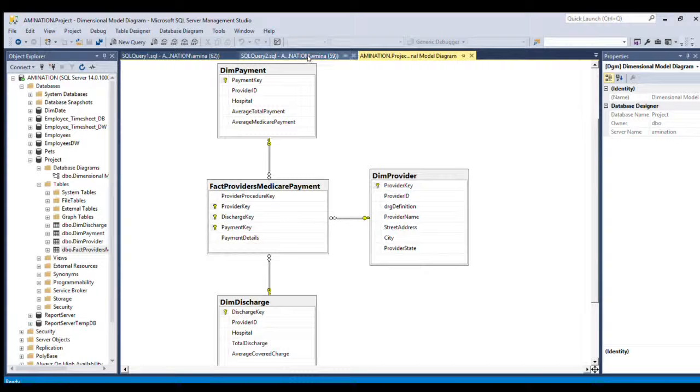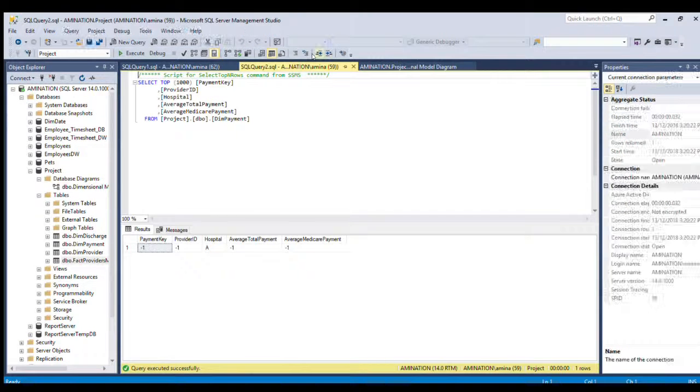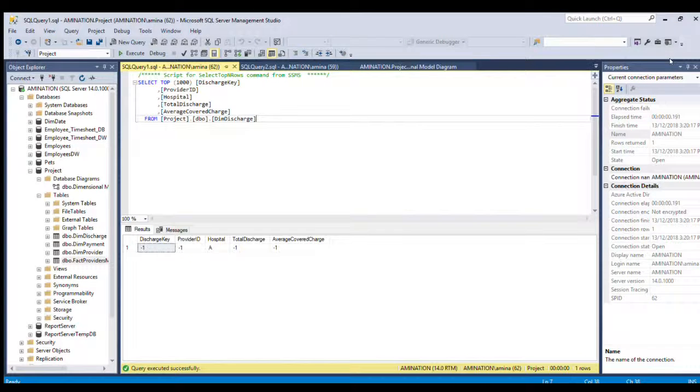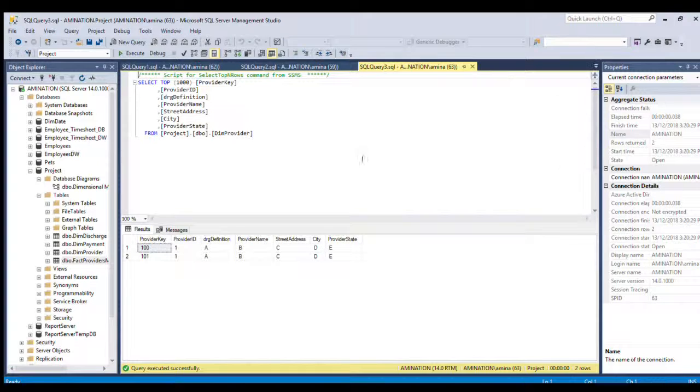Next, I will present about the data warehouse. The first is the dim provider table. We put the sample data in each of the columns. This is the data warehouse for the table dim provider.